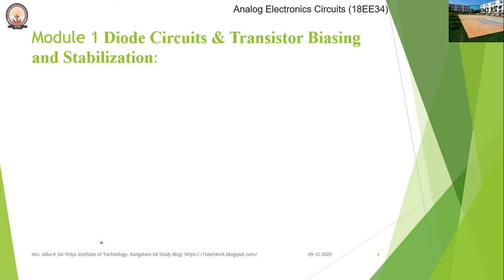In module 1, diode circuits and transistor biasing stabilization, the first concept in diode circuits is the two types of clipping circuits, that is series clipping circuits and shunt clipping circuits, and we also have positive clipping circuits in this concept.